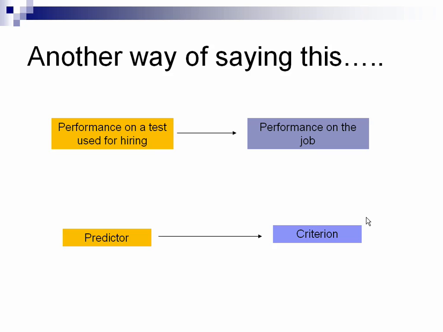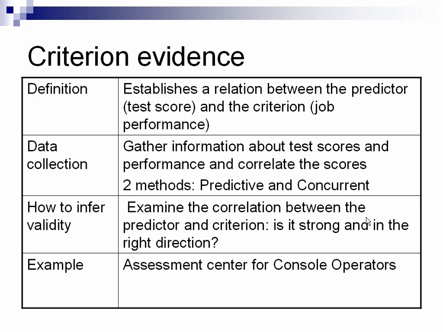Another way of saying this is that the test is, like in a correlational study, our predictor, or in an experiment, our independent variable. On the other hand, performance on the job would be our criterion, or dependent variable if we were conducting an experiment. So using this example, does performance on a test, maybe the cognitive ability test, predict performance on the job?